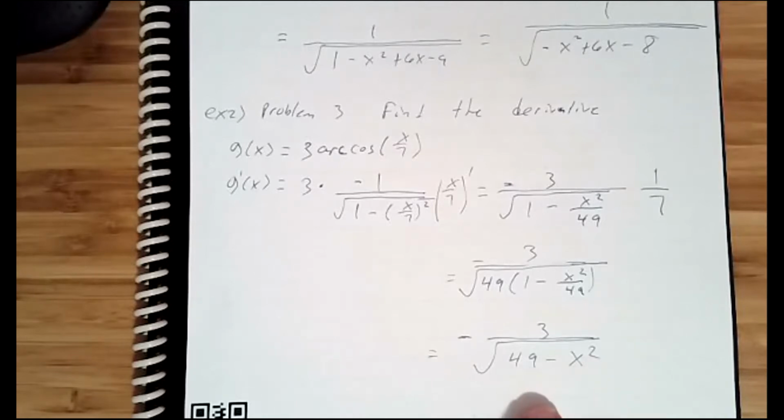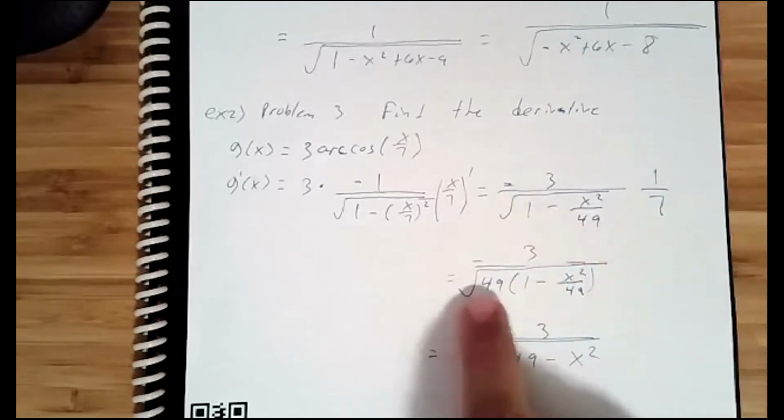And that's how they get their answer. They just bring the 7 inside and multiply times both pieces.